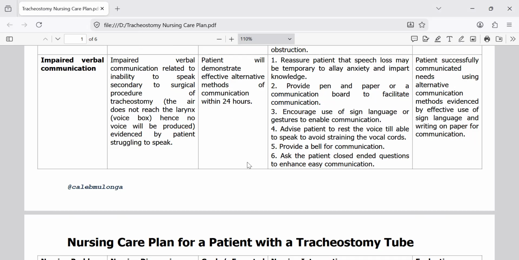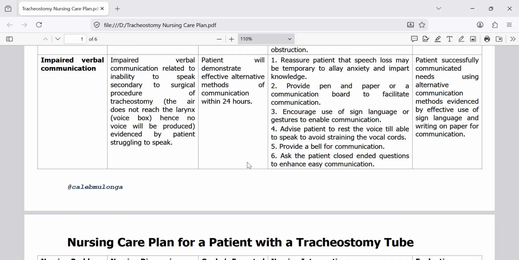Diagnosis: impaired verbal communication related to inability to speak secondary to surgical procedure of tracheostomy, evidenced by patient struggling to speak. Goal: patient will demonstrate effective alternative methods of communication within 24 hours.